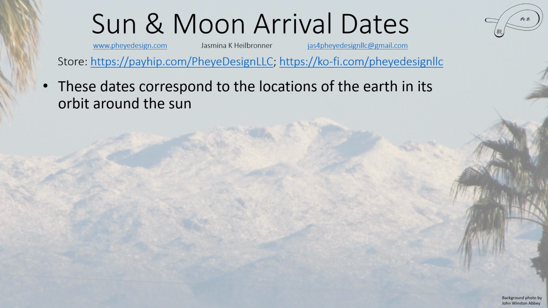So the dates associated with this correspond to the location of the Earth in its orbit around the Sun. They demark 15-degree sectors centered on the Sun. Now, exactly where 0 starts in the actual orbit, I can't draw you a picture, but I can tell you it is the date of the solar new year, when the solar new year starts.